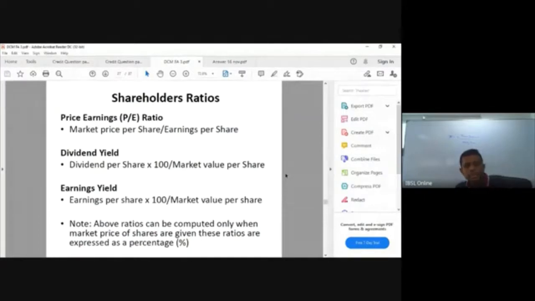Then dividend yield means dividend per share divided by market price per share into 100. That is the dividend yield. Dividend per share is a kind of return, as dividend, which is received by the individual shareholder.